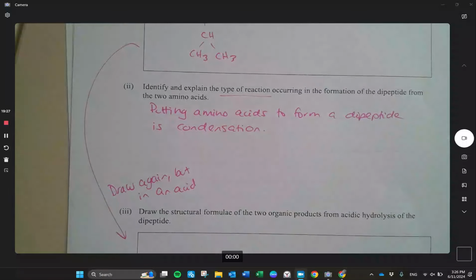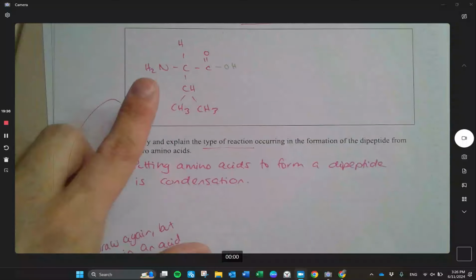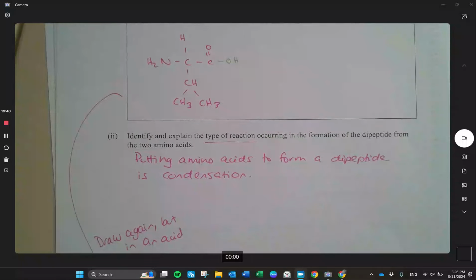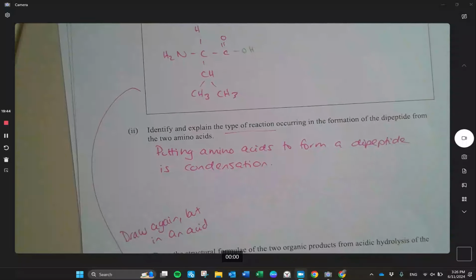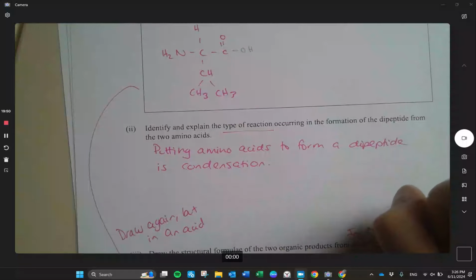So the thing to keep in mind is that if you have an acid, I'll change the color. So in an acid, the base gets neutralized. In this case, when we're talking about acid base in organic molecules, we're talking about the amine.